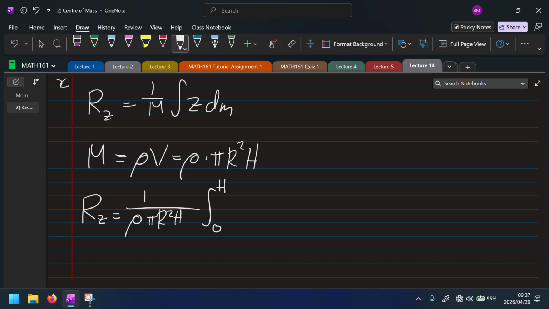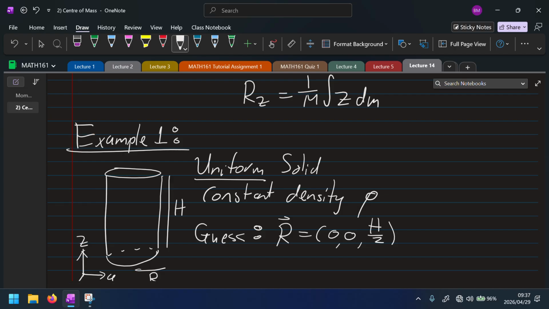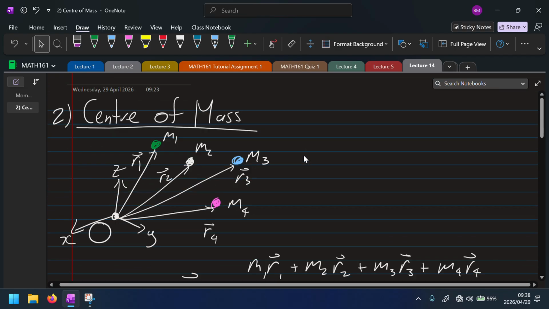You need to be very clear with the disk method so you can apply it. Okay, we've got z, so we can leave that there. dm will be rho dv. We know it has constant density rho, so we can put that in. And dv for the disk method, stacking up vertically, what is it? We just did it a couple minutes ago.